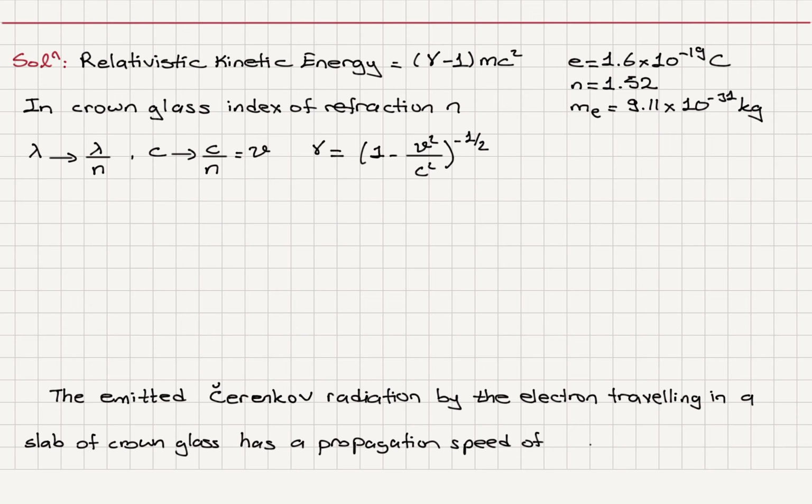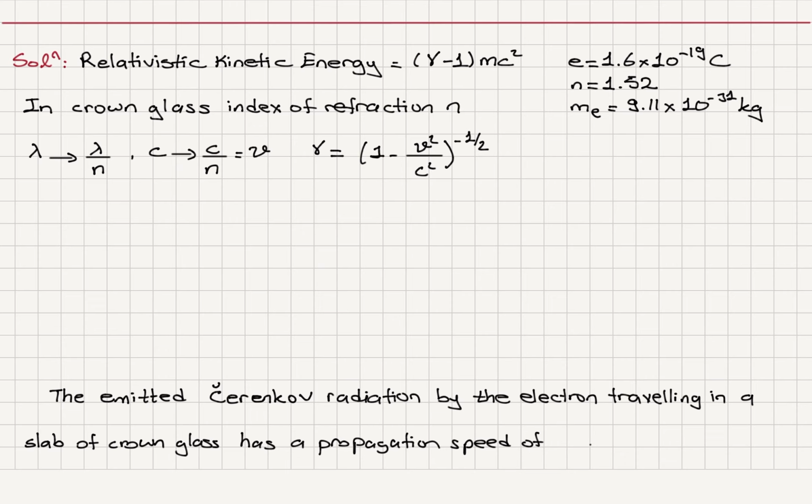Now you can see that v over c is equal to 1 over n from this equation. So in vacuum we have c equal to lambda times the frequency. The frequency of the light is determined by the source. Therefore, the frequency doesn't change when light enters this material. What changes is the wavelength, and that corresponds to a change in the speed of light in the material.